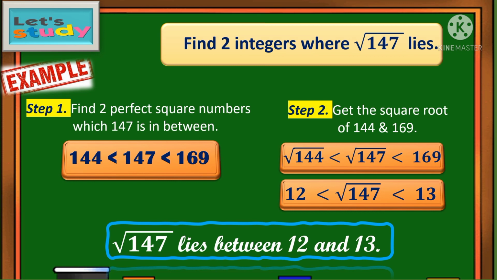So, pag pinindot nyo pala ito sa calculator, square root of 147, ang sagot niya ay nasa gitna lang yan ni 12 and 13. So, 12 point something. Kung saan mas malapit si 147, kay 144 ba or kay 169? Diba? So, nandito lang siya sa malapit kay 12 point something.